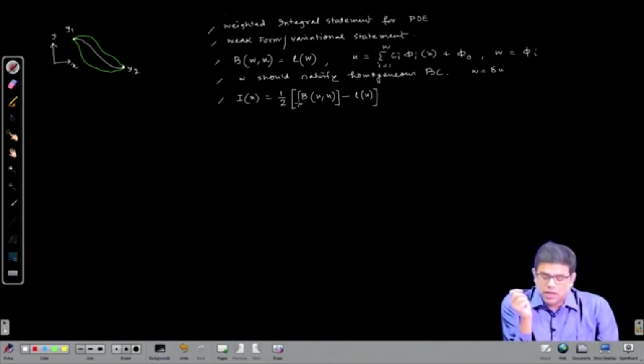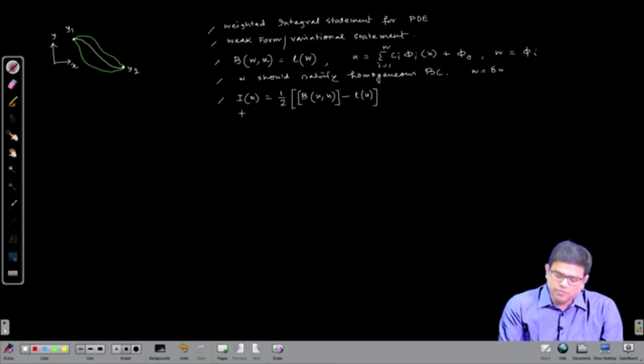If you look at the weighted integral method or the weak form of the variational statement of the PDE, you can think of it as a minimization of its potential energy, given the potential function of this form.